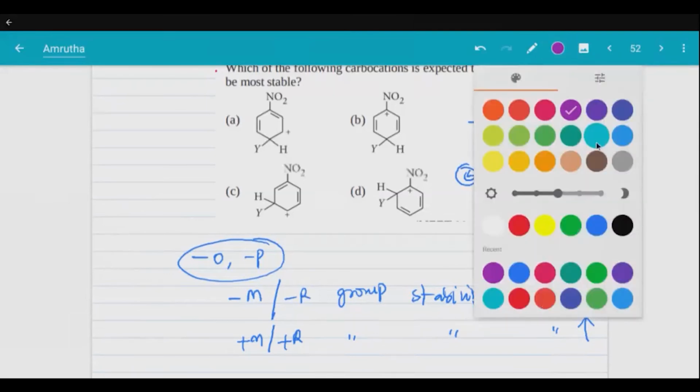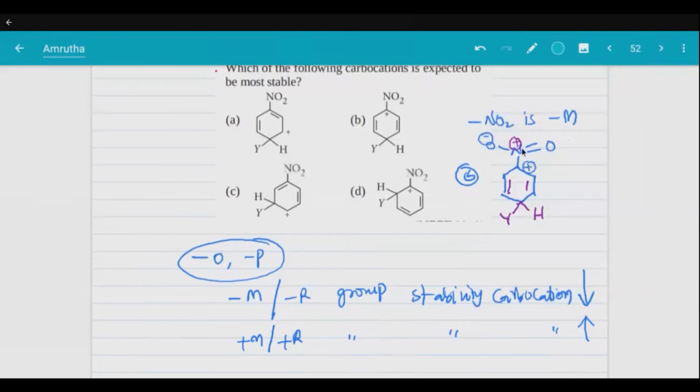Two plus charges on adjacent atoms, which is not an acceptable structure, or the energy is very high. This is least stable because nitrogen and the next carbon have positive charge. So B and D you can directly neglect.